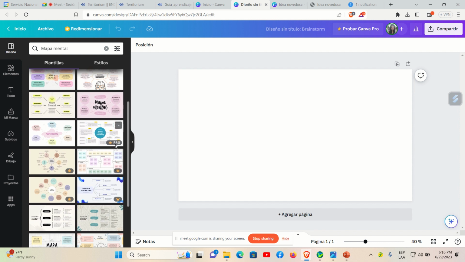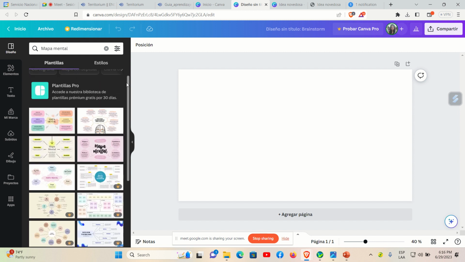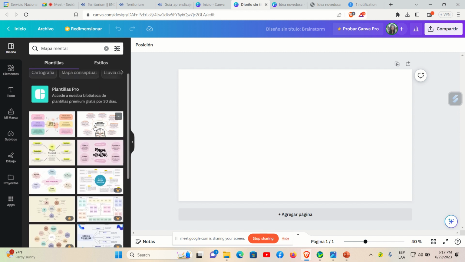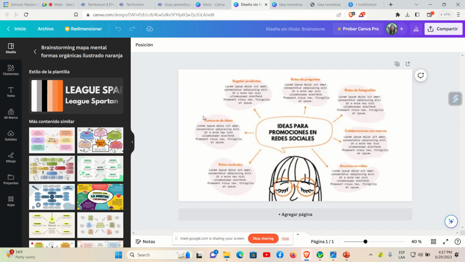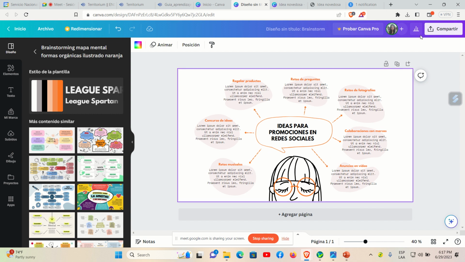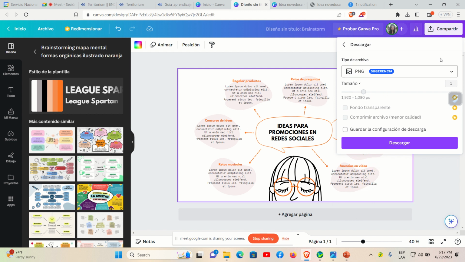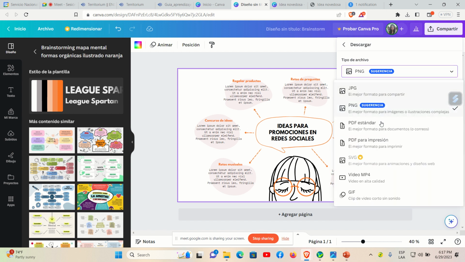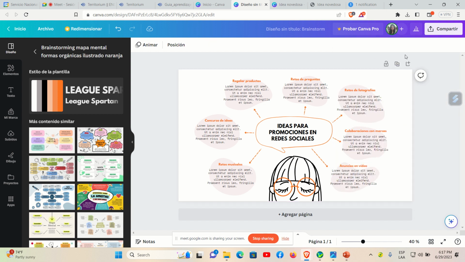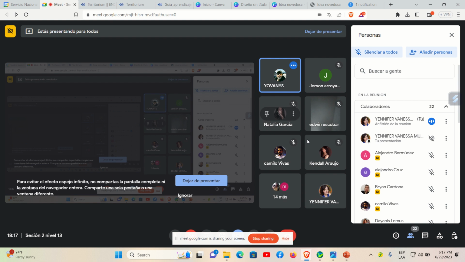Esas coronitas que dicen pro quieren decir que son pagas. Entonces no les deja compartir. Pero si son normales, usted le da aquí en compartir y recuerden, acá descargar, y ahí buscan donde diga PDF. ¿Listo? Bueno, vale.